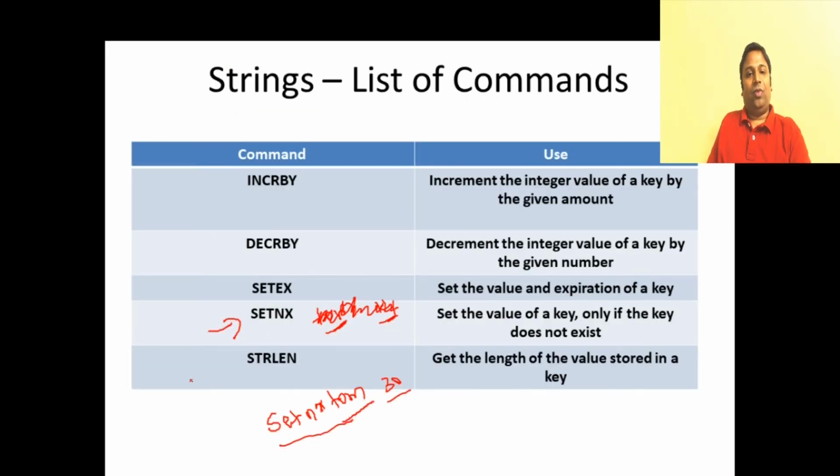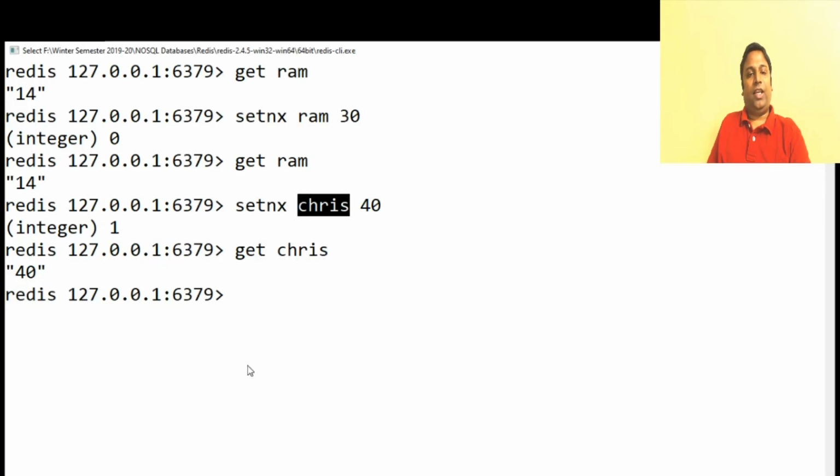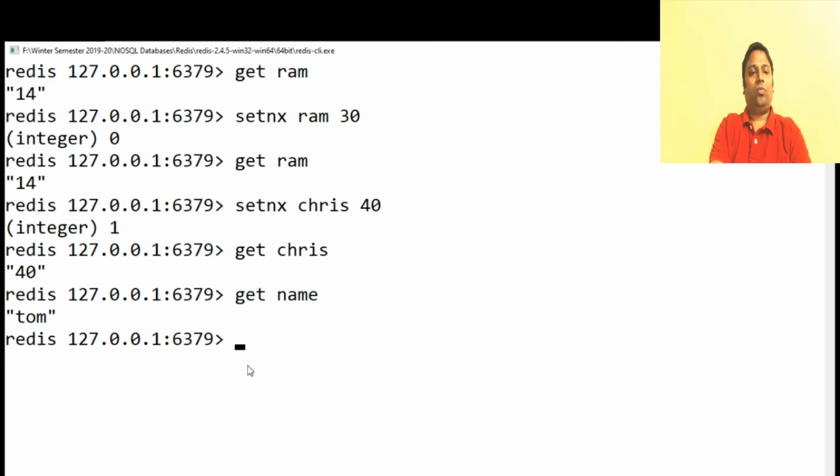Now let us take a look at the next command, string length, a very familiar command. It just returns the length of the value for a key. For instance, let's say get name. Get name has got Tom. Suppose I want to find the string length, how can I find it? strlen, and then you pass the key.